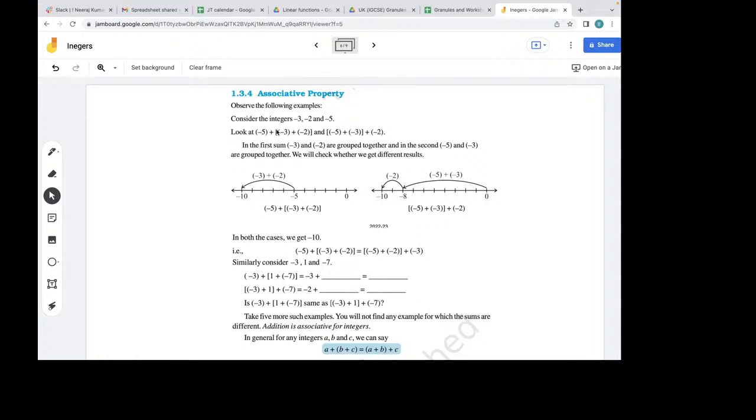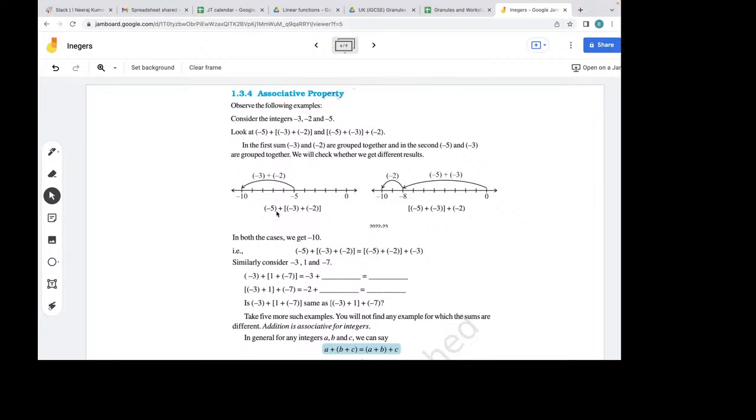So this time they have put this operation under bracket, and in this one they have put minus 5 and minus 3, which are being added together, in a bracket, and this is left alone. In the first sum, minus 3 and minus 2 are grouped together, and in the second, minus 5 and minus 3 are grouped together. So we will check whether we get different results. Okay, let's figure that out.